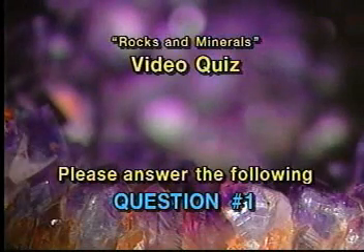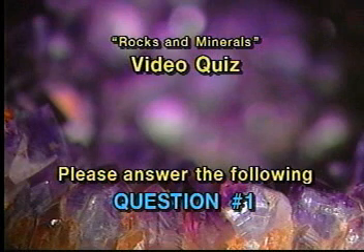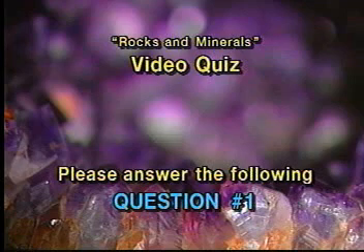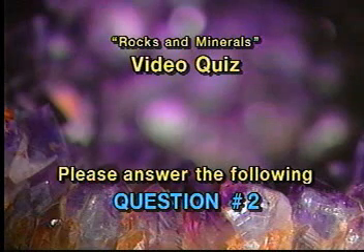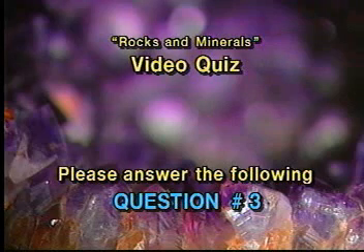Please answer the following questions. 1. What is the general name for the material that forms a unique crystal shape? 2. A combination of different minerals forms what object? 3.